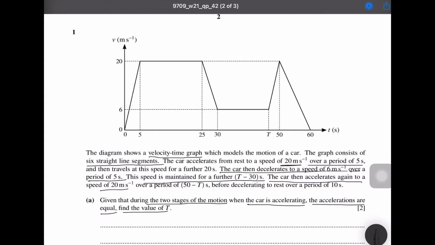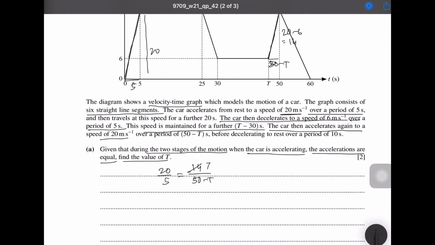So see this one, this is the acceleration, and this is also the acceleration. This one is 5 and this is 20. So its gradient, the acceleration, is 20 by 5, and for 50 minus t, this one is 20 minus 6, that is 14. So let me write 14 divided by 50 minus t. 7 to the 14, 10 to the 20.